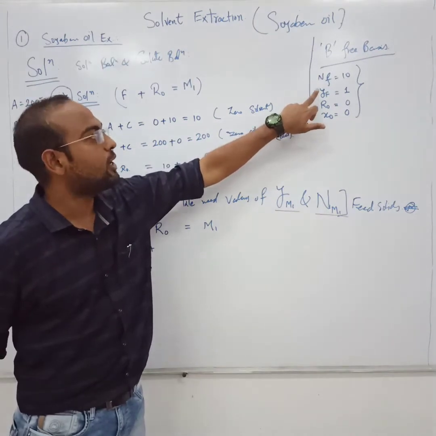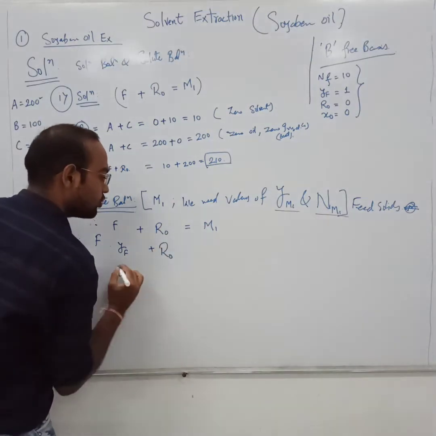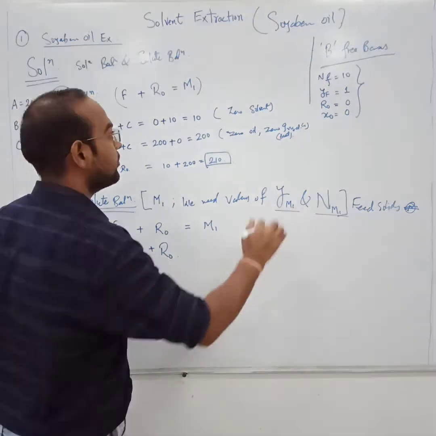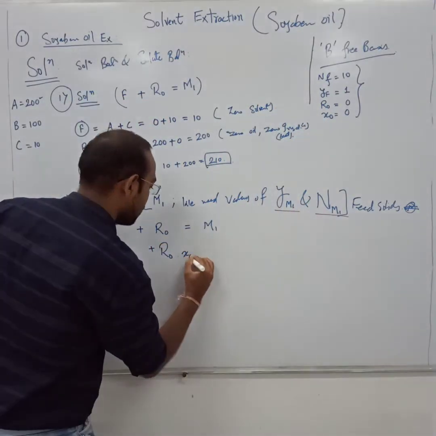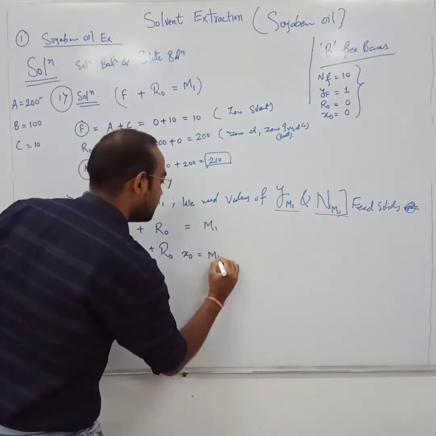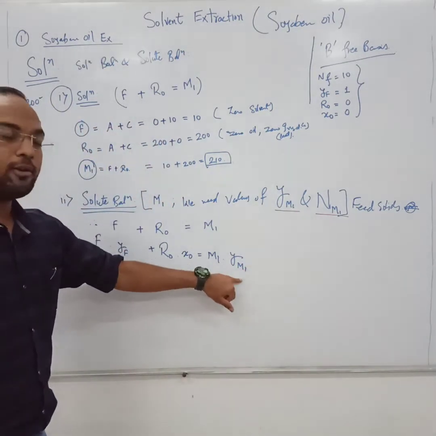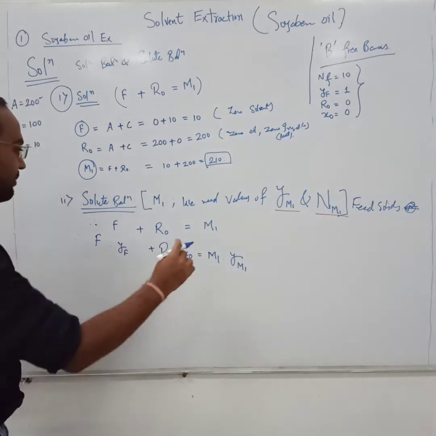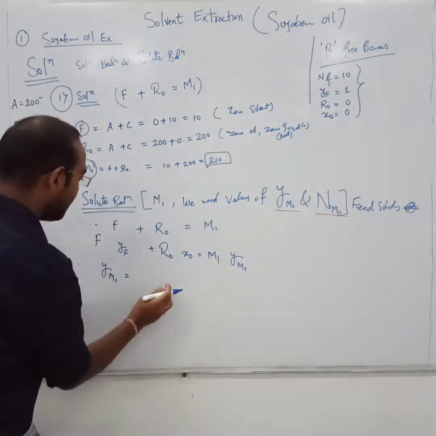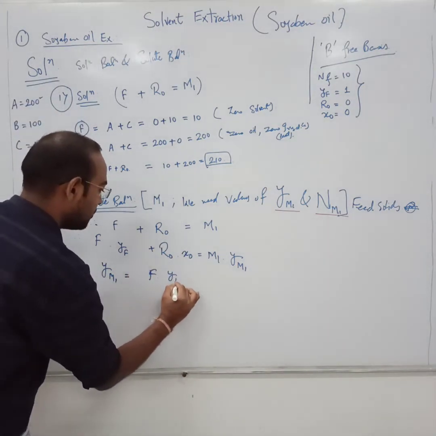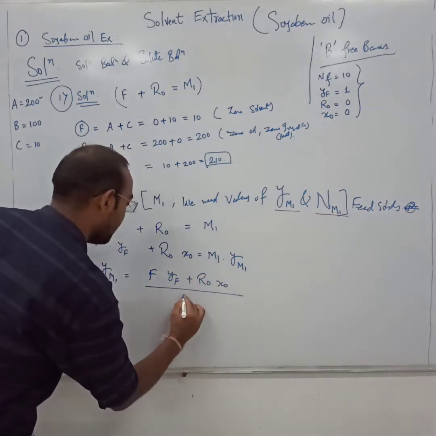We are talking about solute, meaning oil contained in your feed, that's why YF, plus R0, your solvent, into X0, again how much oil is present in your solvent. Now M1 into YM1. This YM1 shows the amount of oil present in your mixture, that's why we multiplied by YM1. So to calculate YM1, directly this is divided by M1, that is capital F into YF plus R0 into X0 upon M1.